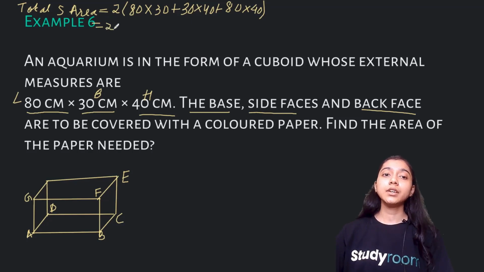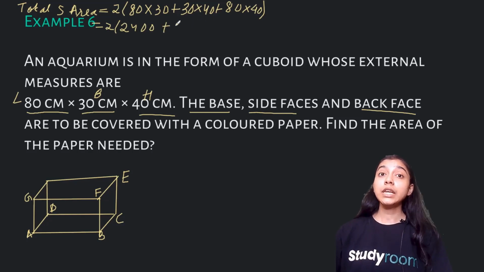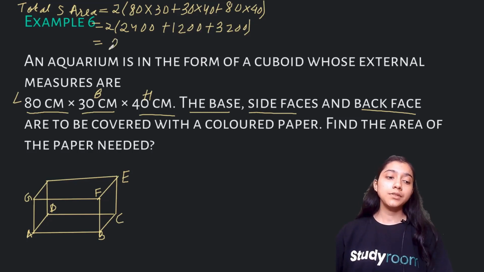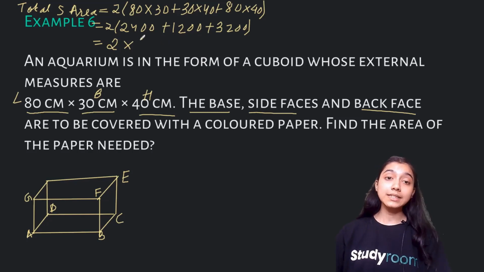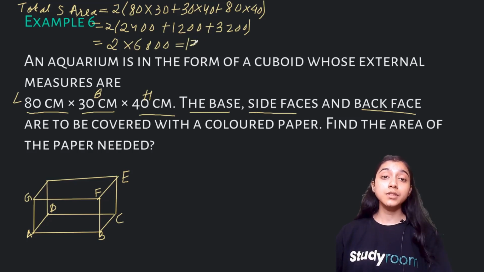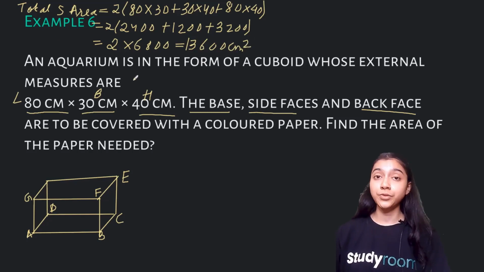So from here 80 into 30 gives us 2400. 30 into 40 will give us 1200. 80 into 40 will give us 3200. So when we add these three things up, we get 6800. So we have 6800 multiplied with 2, which gives us 13,600 centimeter square as the total surface area of the cuboid.